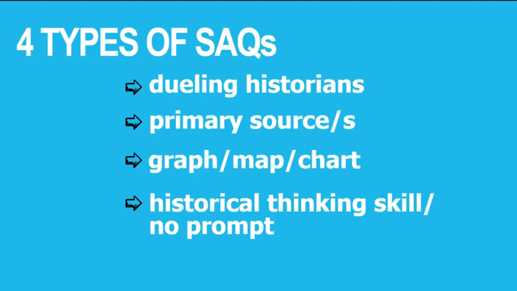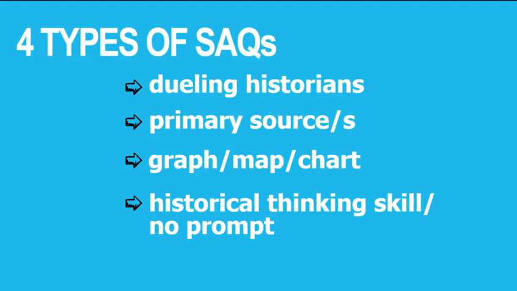The third category is a graph, map, or chart. And the fourth one is where a historical thinking skill is highlighted. We're going to do that today. Today's is comparison. There's no prompt, meaning there's no map or speech or anything. It's just a question. So these are the 4 types of SAQs that you'll encounter.